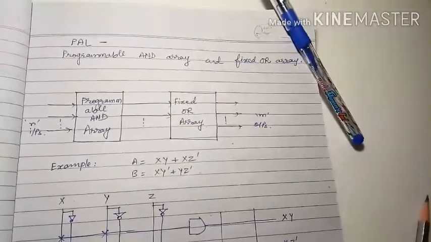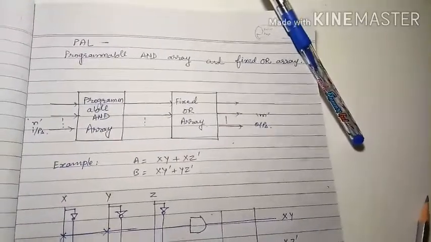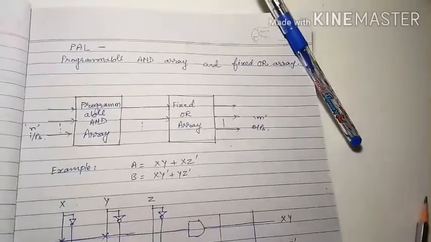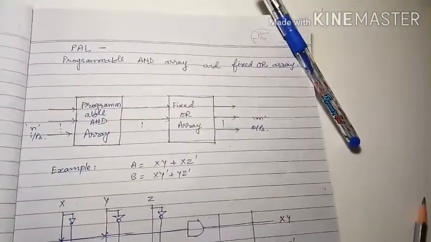You can see the block diagram of a PAL device. PAL is a programmable logic device that has a programmable AND array and a fixed OR array.